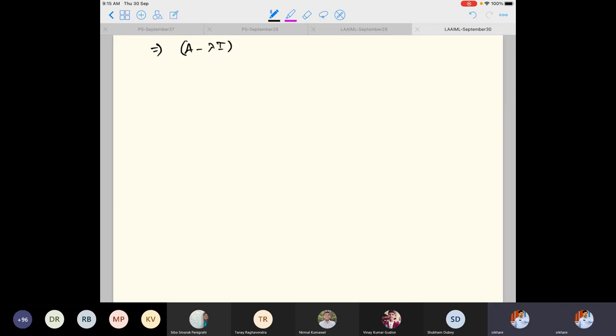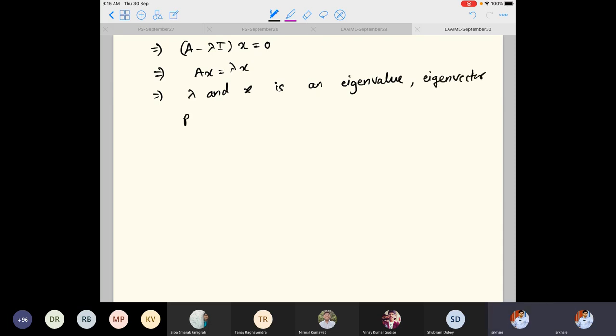For that particular lambda, (A minus lambda I)x is equal to 0, which means that Ax is equal to lambda x, which means that lambda and x is an eigenvalue eigenvector pair, right? We'll call this an eigenpair also. Okay, so lambda and x is an eigenpair. That is what we have.